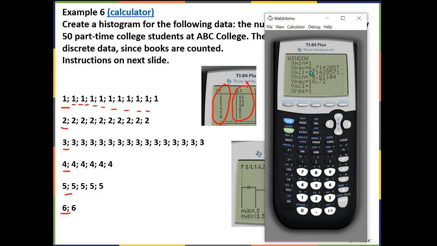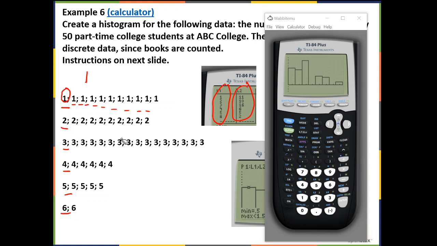And they go to a maximum of 6.7. And they chose the X scale to be 0.7. And notice that they use 8 intervals, 8 bars. Let's say we don't want to do that. Let's say we want to change it to the way we want to graph it. So what's the smallest value we have? 1. And these are all integers, right?